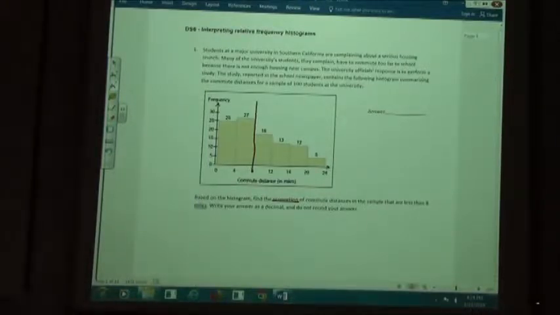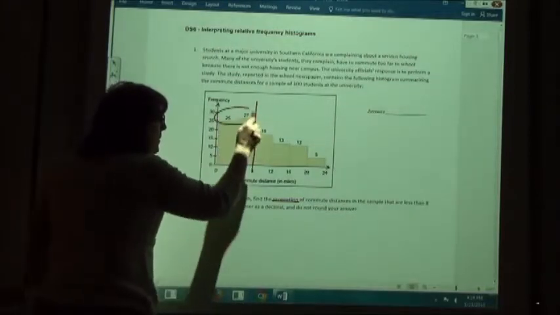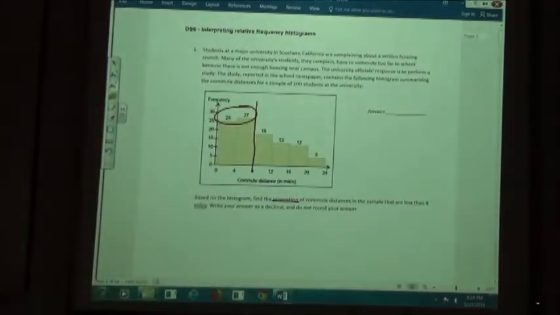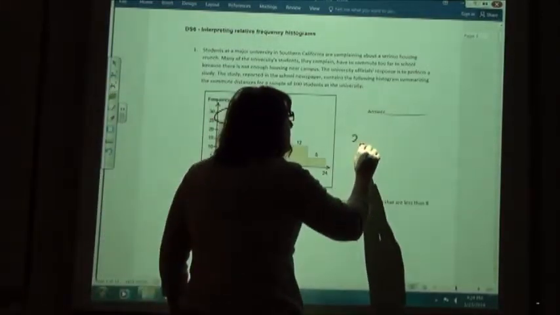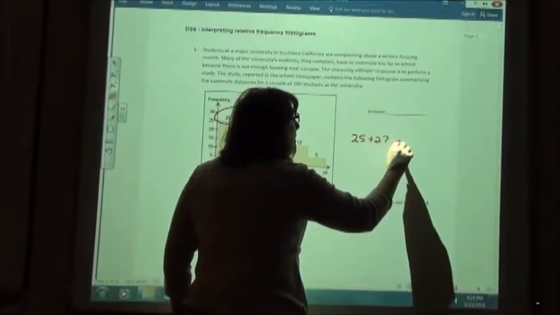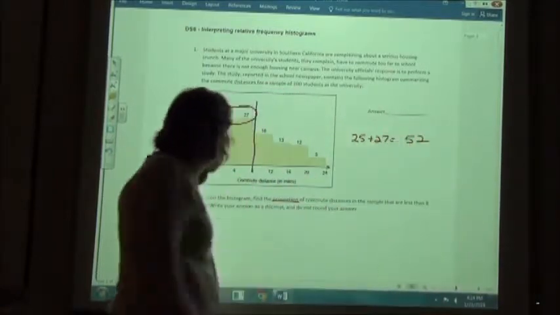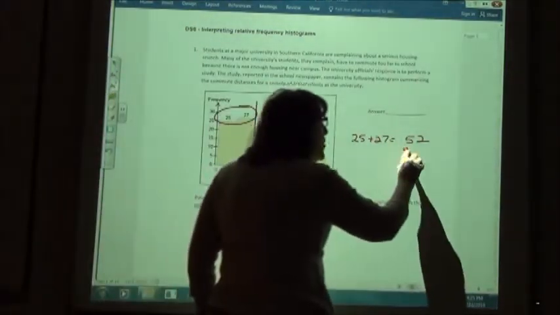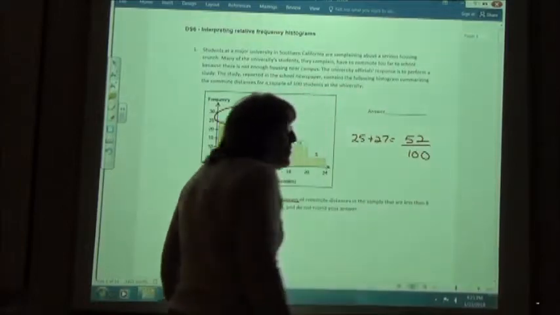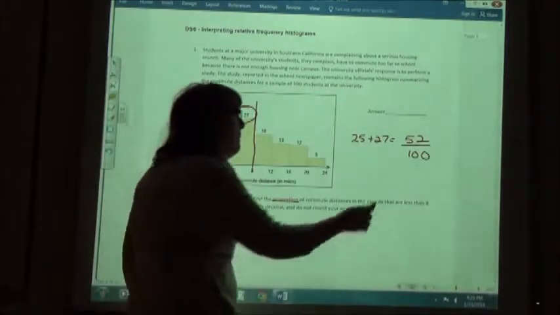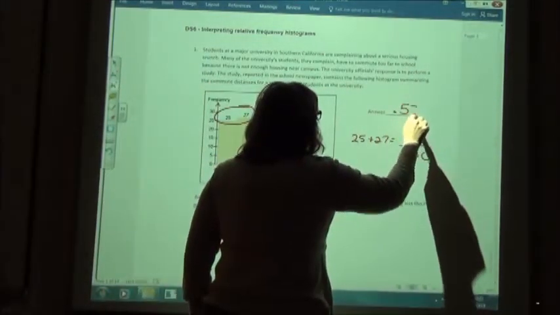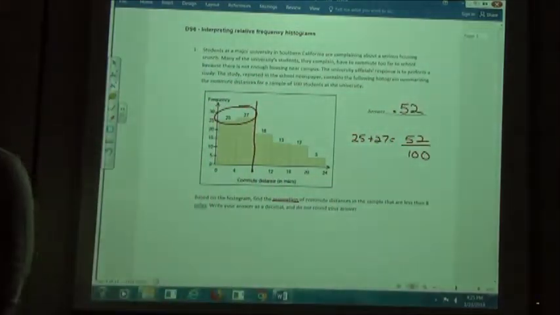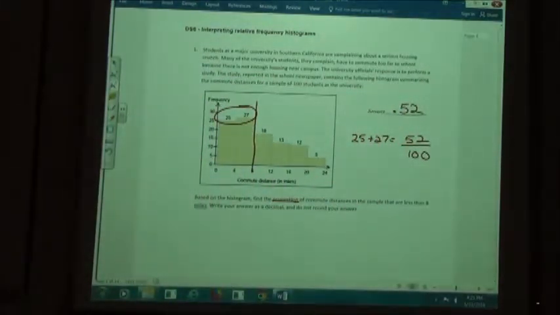If I'm doing less than 8, I'm going to add those two numbers together, right? 25 plus 27 would give me 52. 52 out of 100 as a decimal is 0.52. That's why I said they were nice, they did it out of 100. If it had been out of 150, I would have probably had to do some dividing.